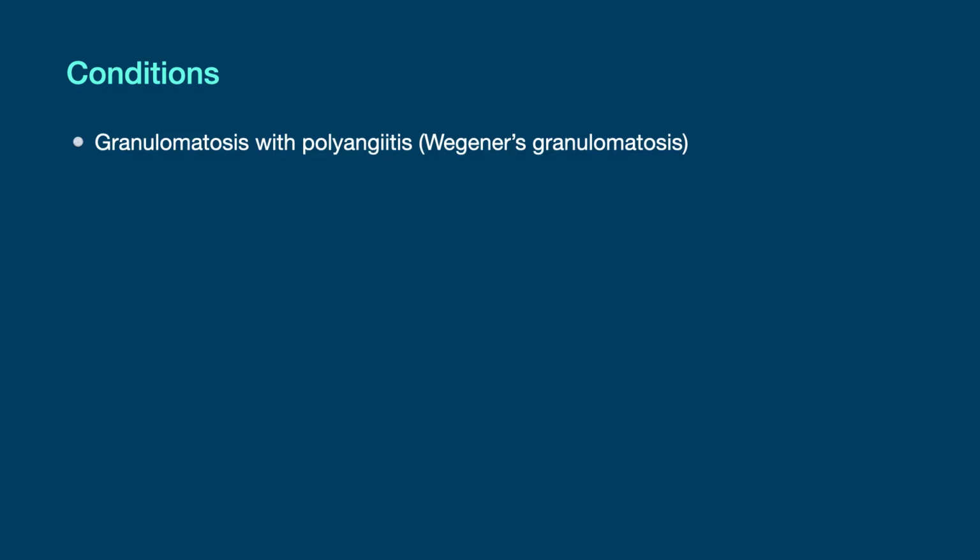Here, we will be discussing three conditions under the category of pulmonary vasculitis: granulomatosis with polyangiitis, also known as Wegener's granulomatosis, microscopic polyangiitis, and Churg-Strauss syndrome.